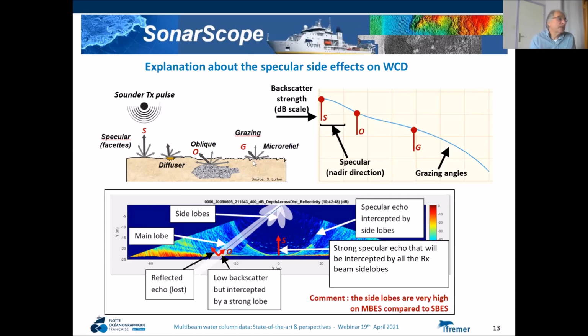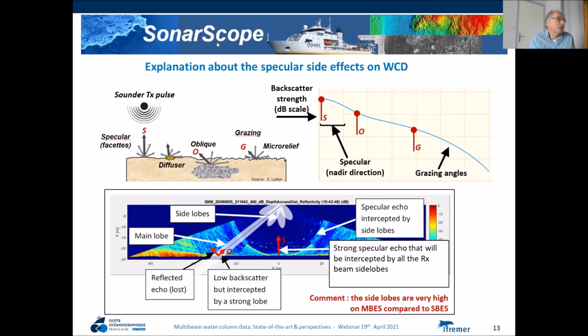The energy backscattered by these points decreases when the beam tilt angle is high. Look at these curves: energy of points S, O, G, and so on. For a given seafloor type, we have an angular backscatter curve here named backscatter of theta.